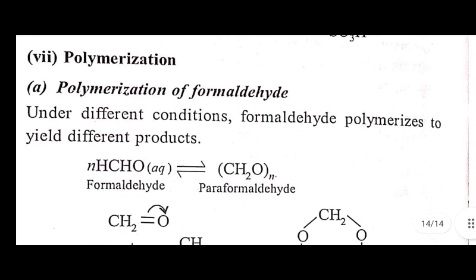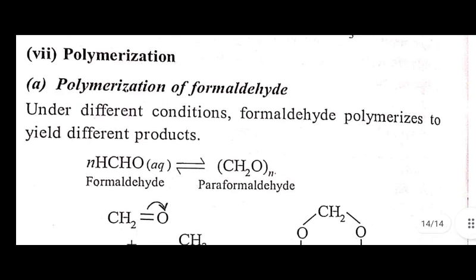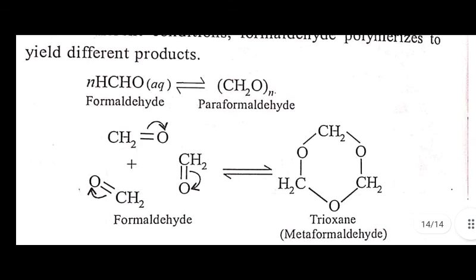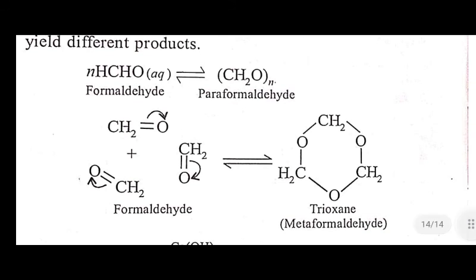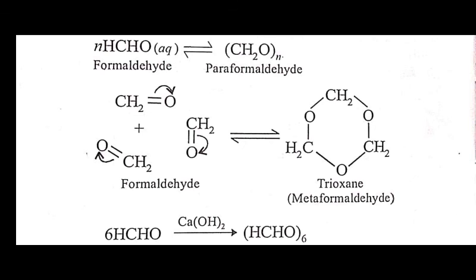Next is polymerization reactions. Polymerization of formaldehyde. Number 1, different types of polymers are formed. It is again for high level information. First, formaldehyde will form the polymer called paraformaldehyde. That is the first reaction. Formaldehyde can form a trimer, second reaction, to form trioxane, alternate position oxygen and carbon.